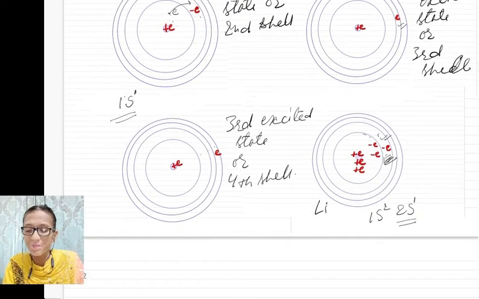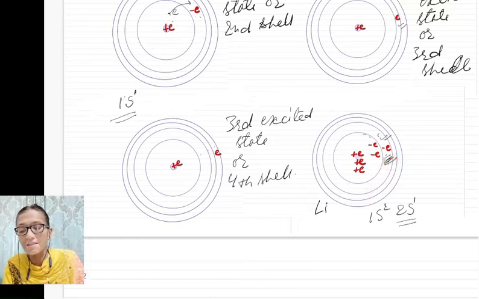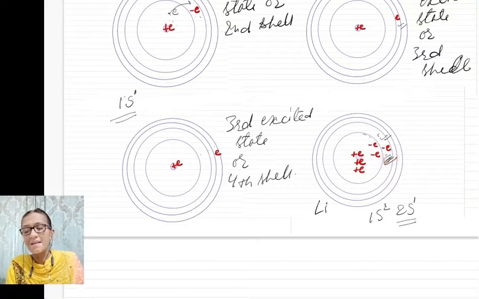But in lithium, this electron is not in an excited state. It is naturally there, 2s1, in the second cell. This electron is in its ground state, stationary state. Now when energy is given, then it will come to its excited state.